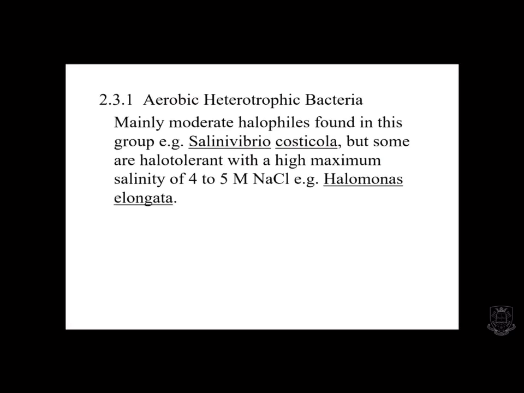Good examples are Salinivibrio costicola and Halomonas elongata. Halomonas elongata in particular will grow from very low, millimolar salt concentrations all the way up to nearly saturated sodium chloride, so it's an extremely halotolerant organism. Salinivibrio not quite as much, but certainly up to 2 or 3 molar.